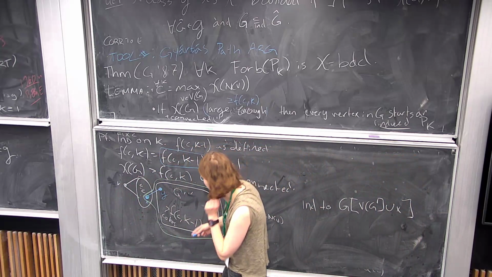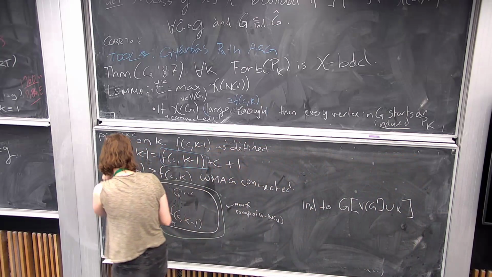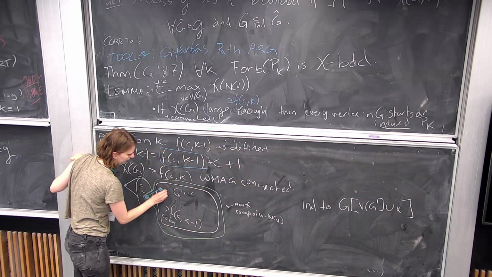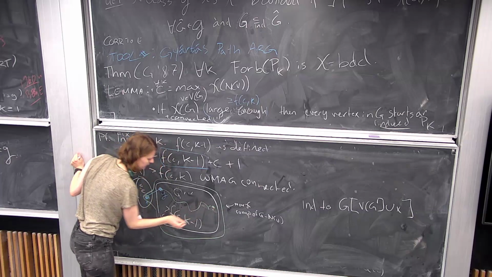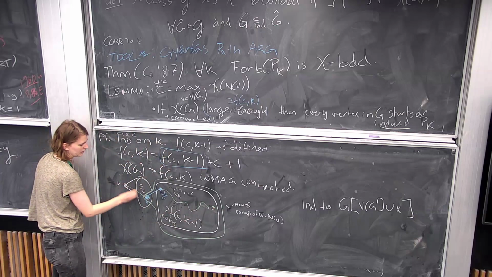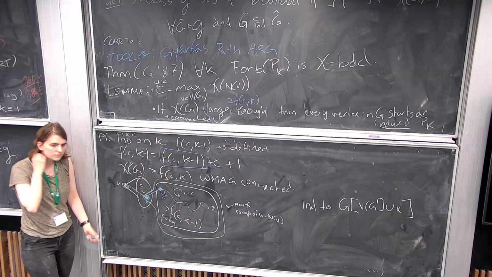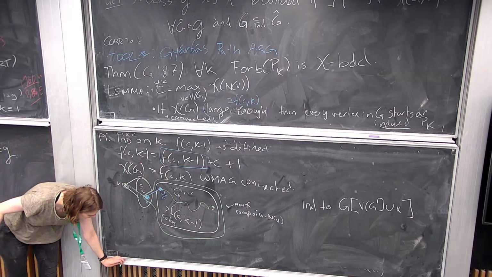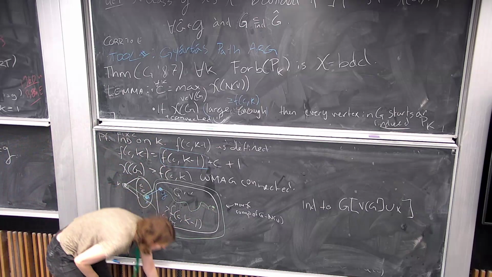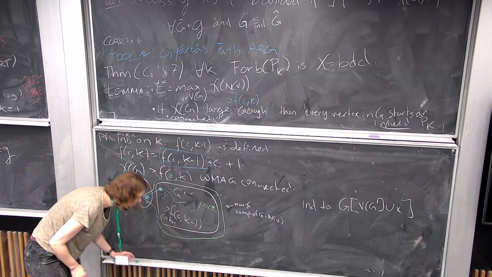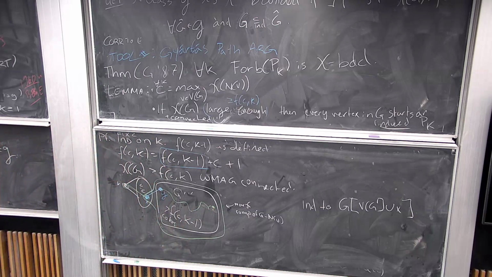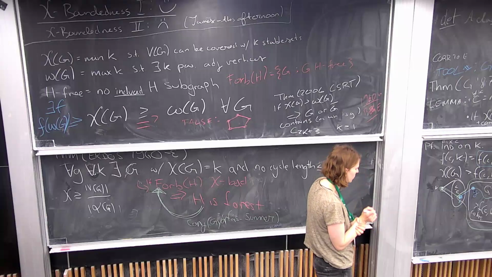And therefore by induction, we can get a path starting at X of length K minus 1 within G prime. And so adding back V gives you a path on this thing. Yeah, so that's quite cute, and essentially no proof is ever short and cute again.